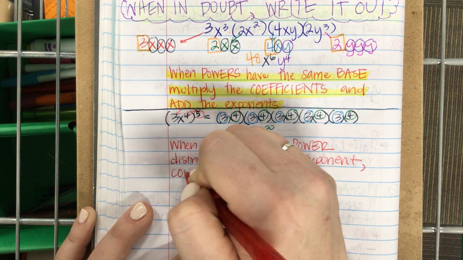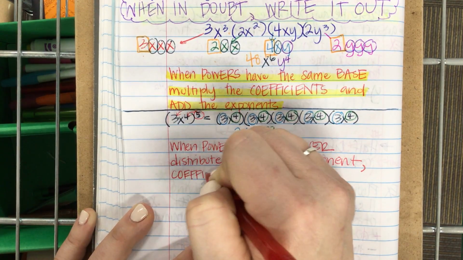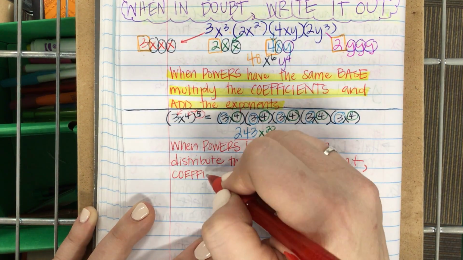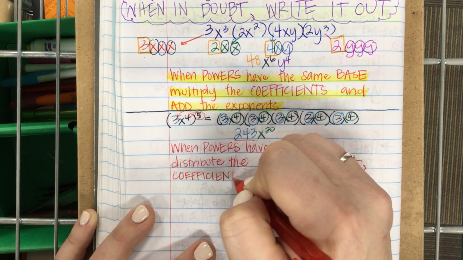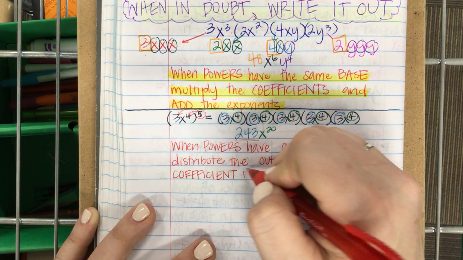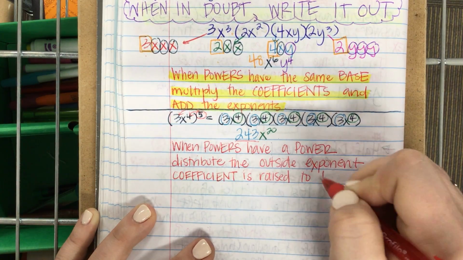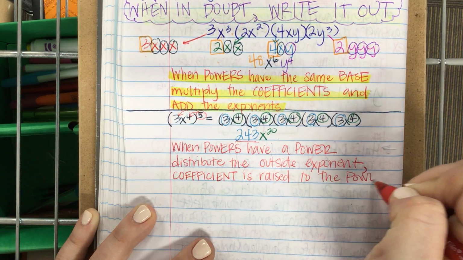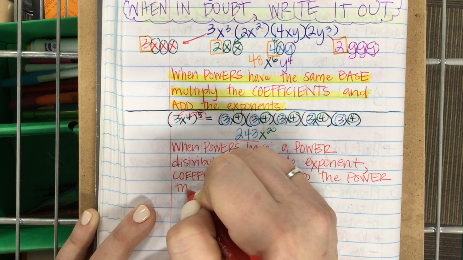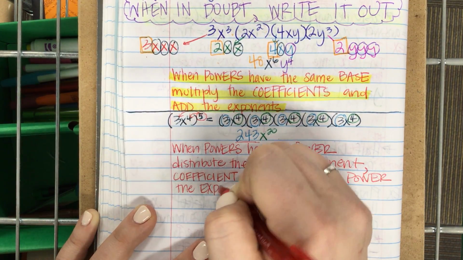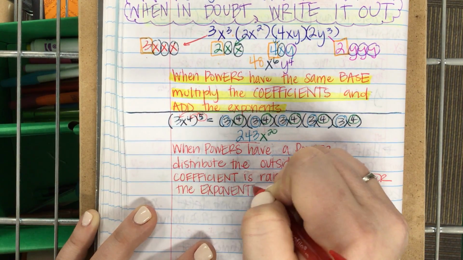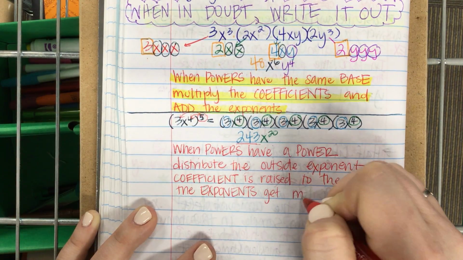The coefficient is raised to the power. The exponents get multiplied.